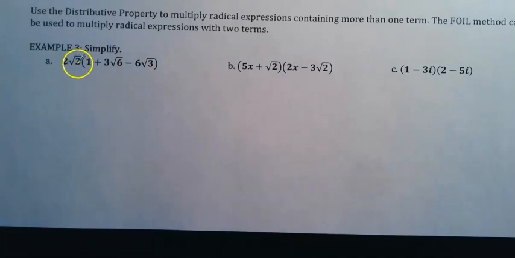So here we just need to distribute. We're going to take 2 times the square root of 3 and distribute it to each of the 3 terms inside here. So 2 times the square root of 3 times 1 is 2 times the square root of 3. 2 times the square root of 3 times the square root of 6, so we're going to do 2 times 3, and maybe I should write that out, but I'm not going to.